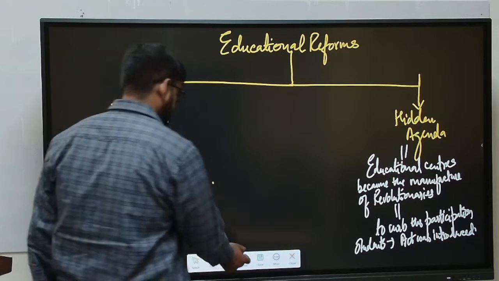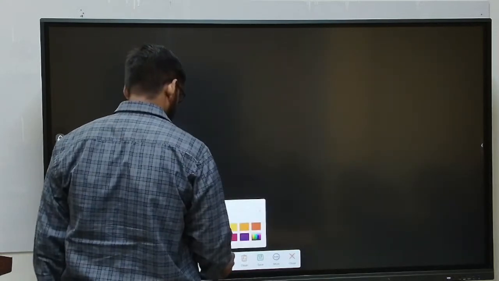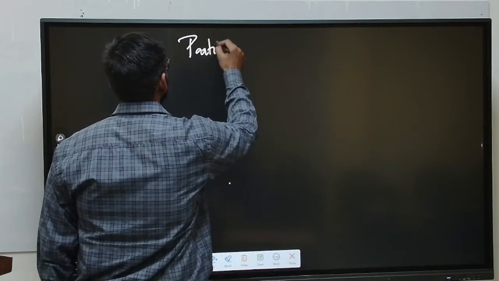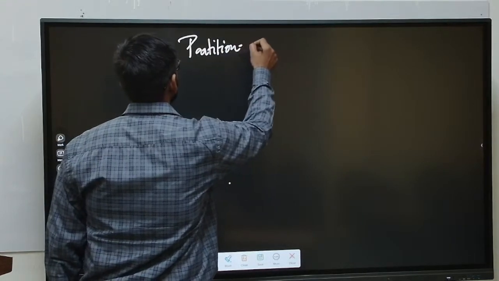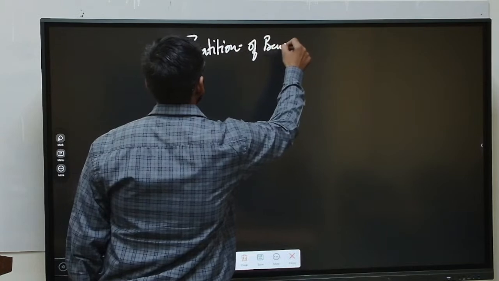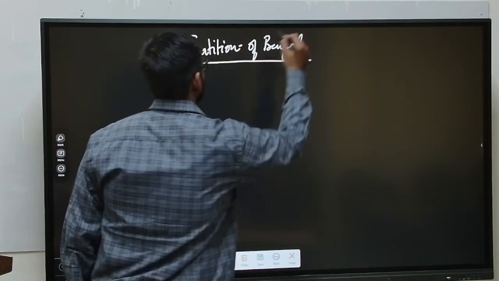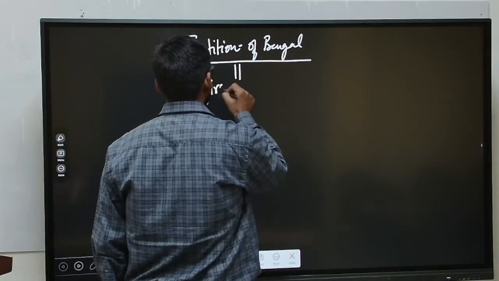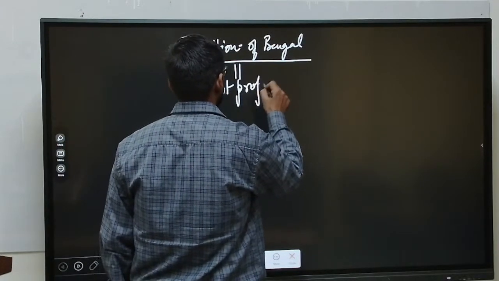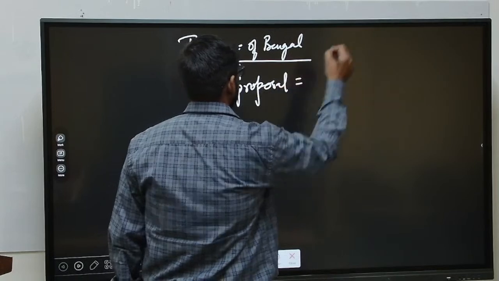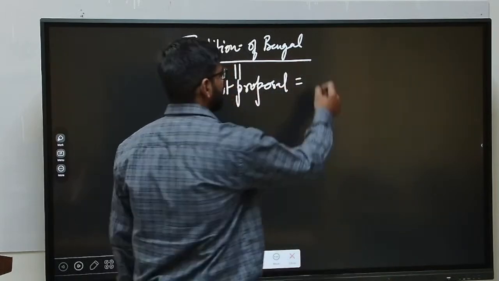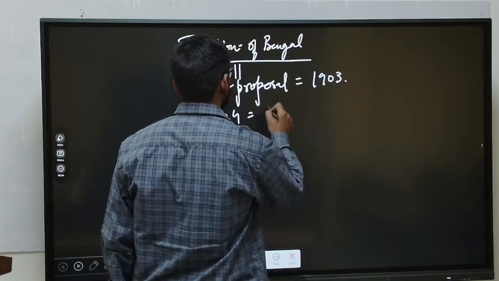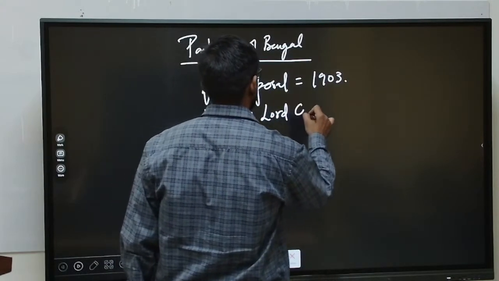Okay, partition of Bengal. So the first proposal of partition of Bengal was given in 1903, and in 1904 Lord Curzon reviewed the situation.